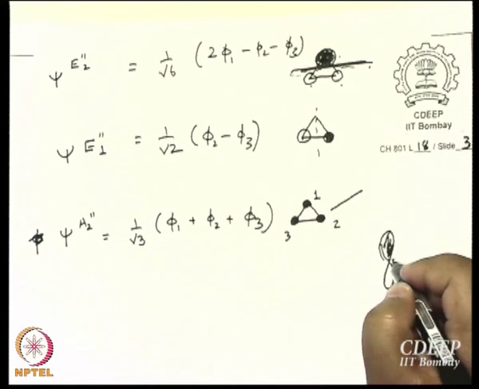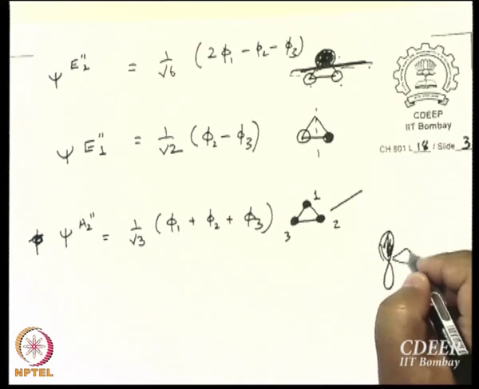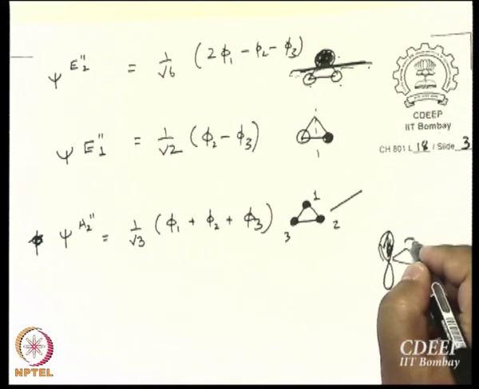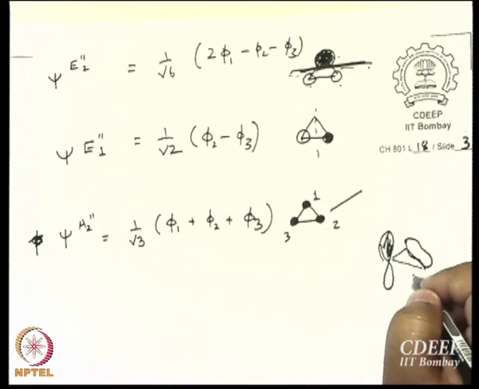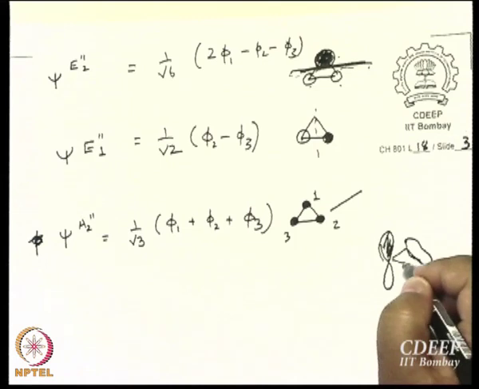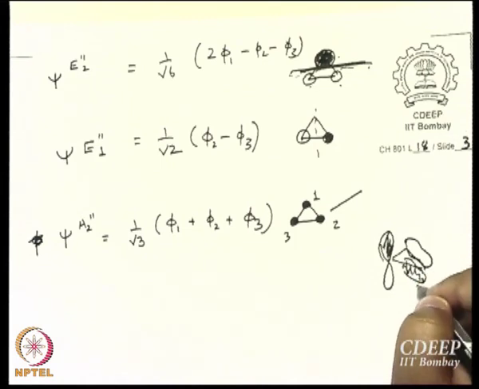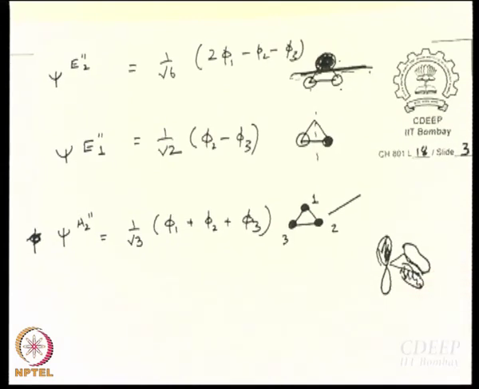You see one big p orbital, okay, and let me draw it like this. These two are of the same sign, isn't it? So I can mix them and I can draw it this way. This is above the plane, this is below the plane. Now do you see there is only one plane?